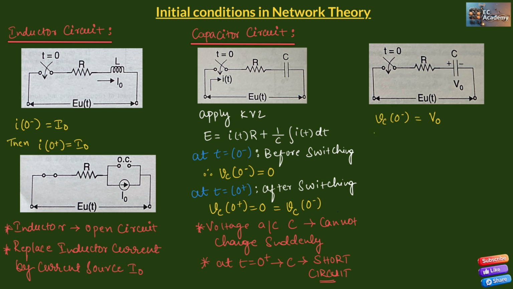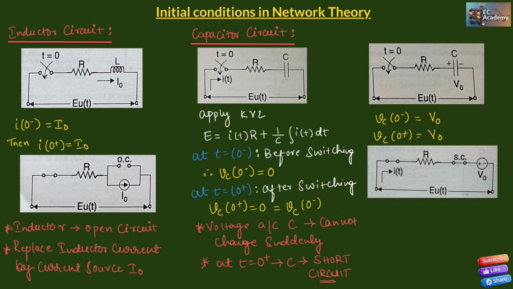That's why Vc 0 plus will also be equal to V naught. So we know that after switching, the capacitor will act as a short circuit, and we can replace voltage across this capacitor with a voltage source of V naught. So we can replace with voltage source V naught.